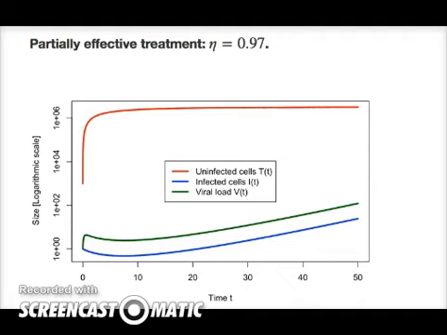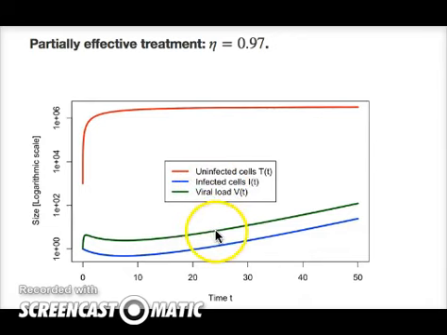And if we observe this last scenario in which eta is really getting very, very close to 1, we can see how the effect of treatment is really slowing down the growth. Remember that virus will grow proportionally to the amount of infected cells.